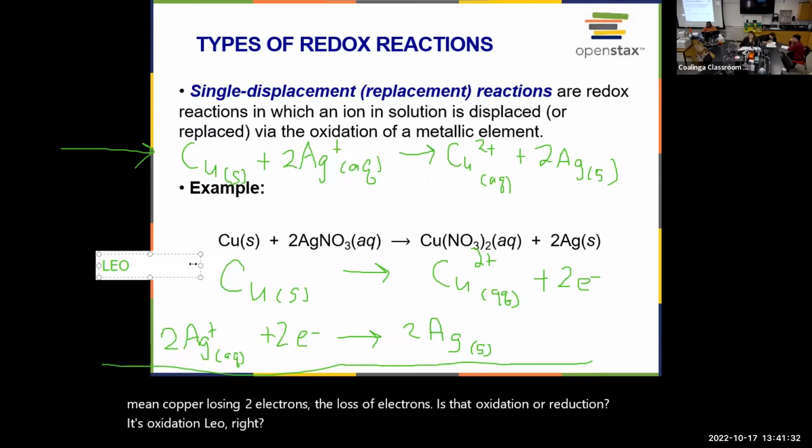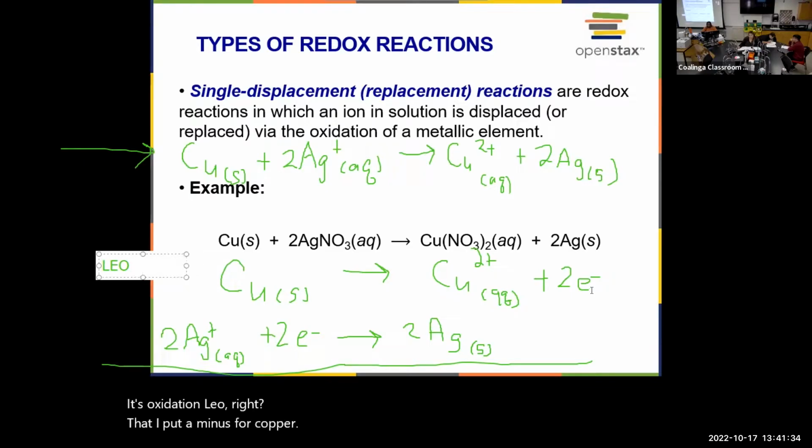Did I put a minus for copper? Yeah, it's losing 2 electrons here, right? For losing, should it be subtraction? No, it's still addition because it represents the 2 electrons that left the copper. So e represents electron, right?